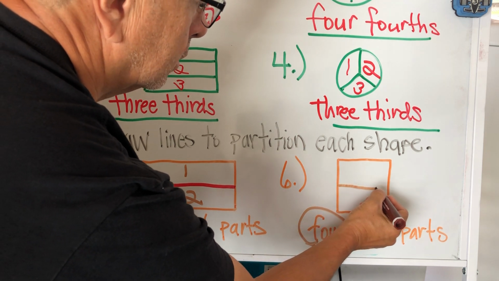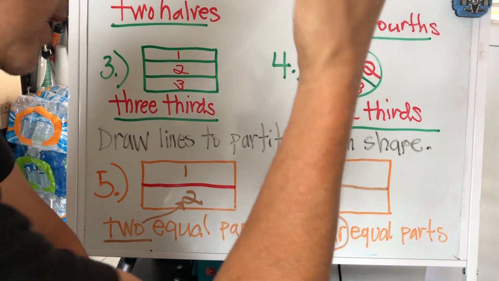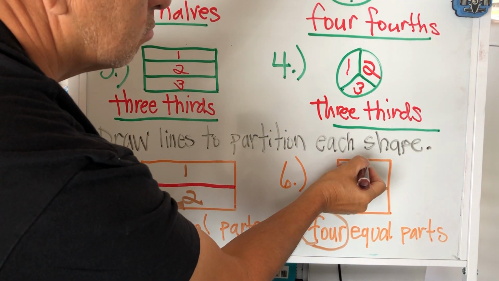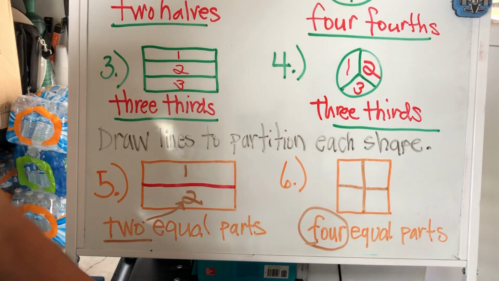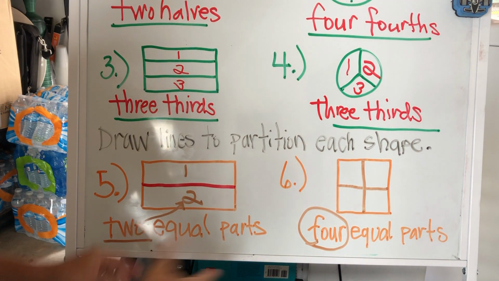I'll do my best and go like that. That looks like halves, so I need to cut the half now in half. And I'm going to go up here. Now let's check to see if I have 4 equal parts.